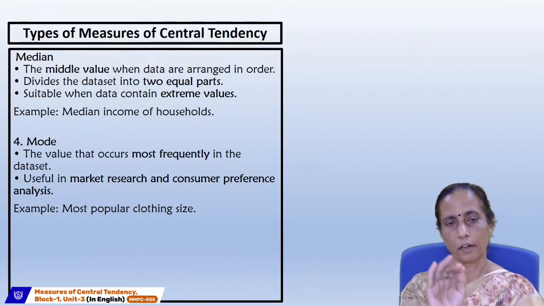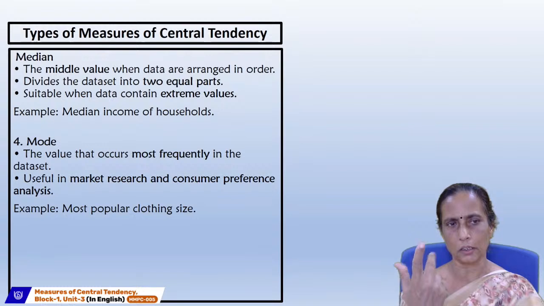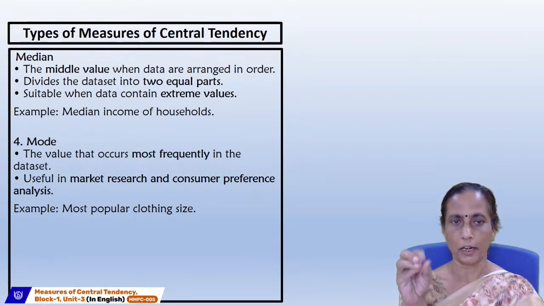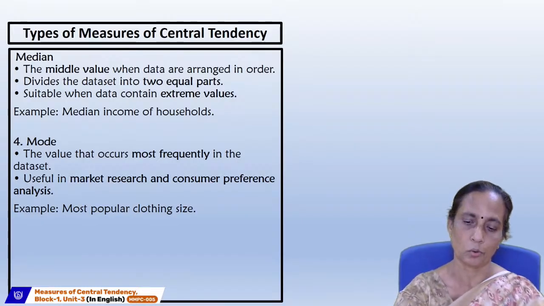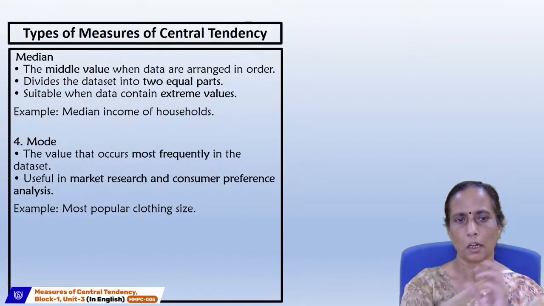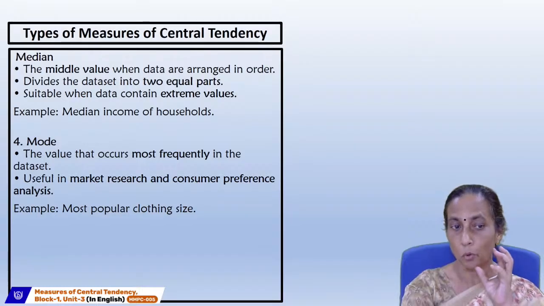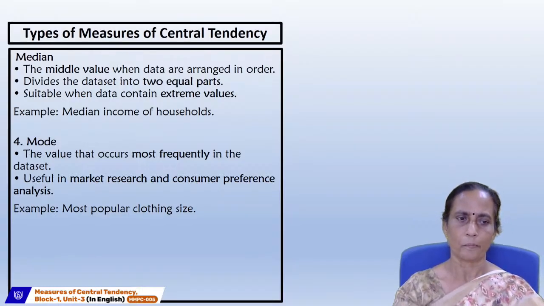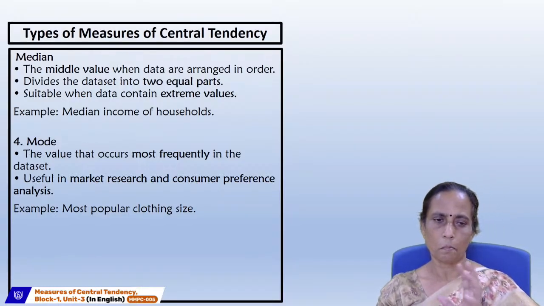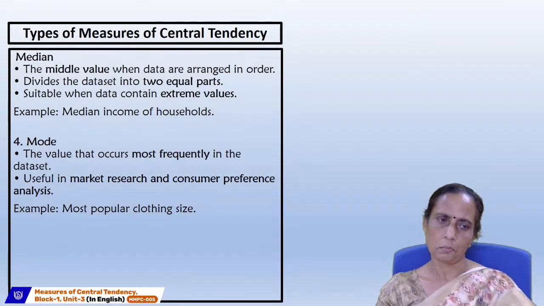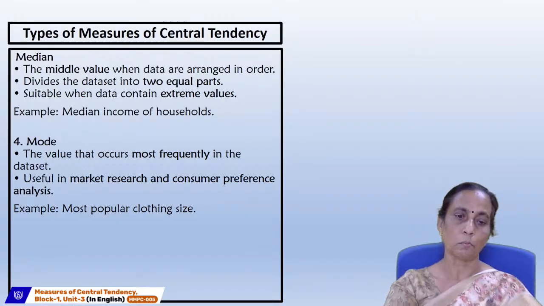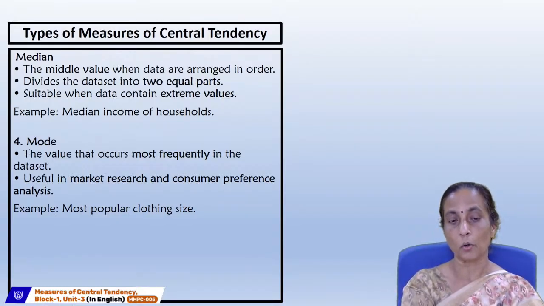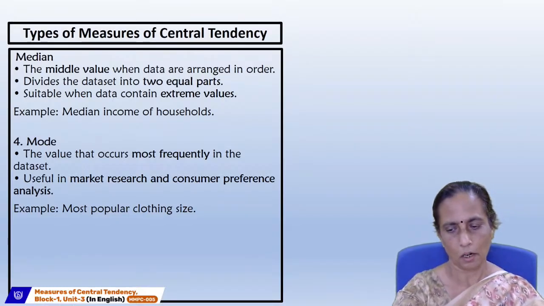It divides the data set into two equal parts, suitable when data contains extreme values, the median income of households. And mode is the value that occurs most frequently in a data set. So it is useful in market research and consumer preference analysis, wherein it is being used as most popular clothing site.